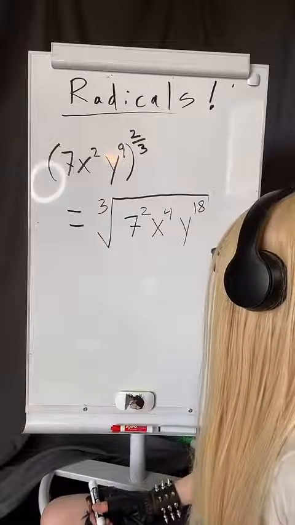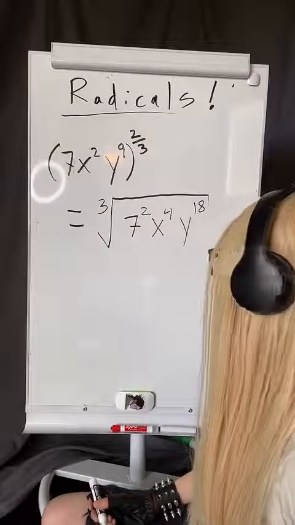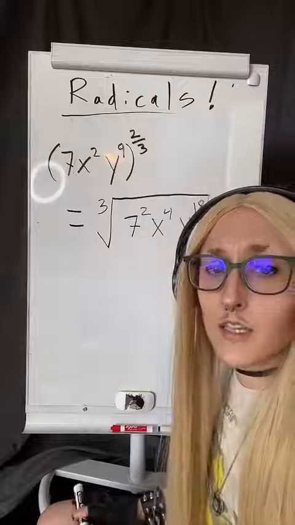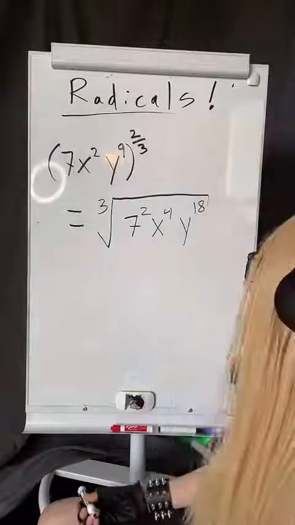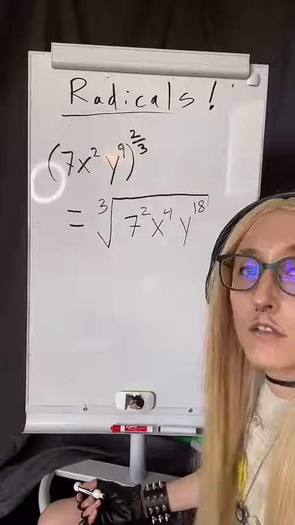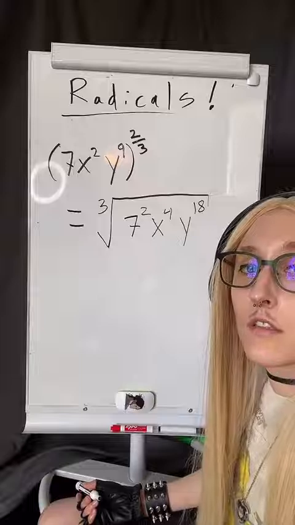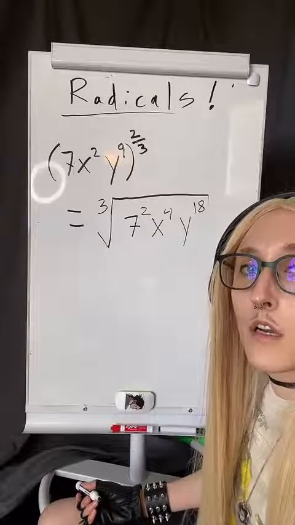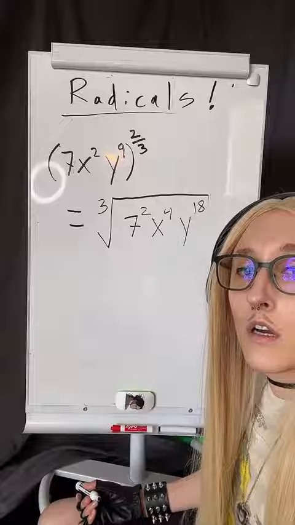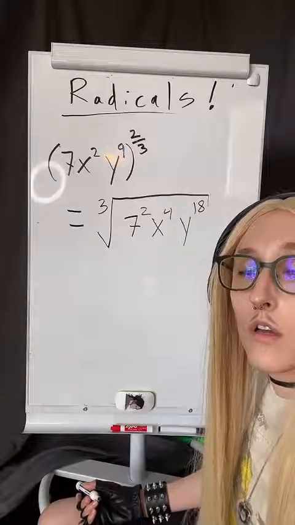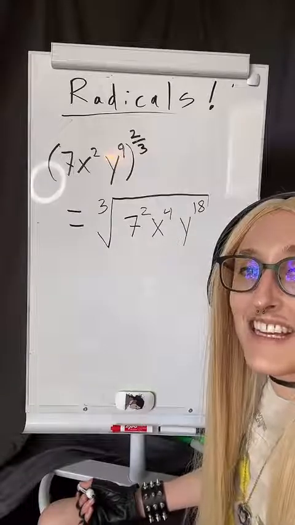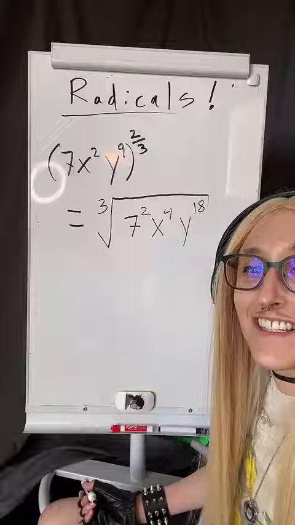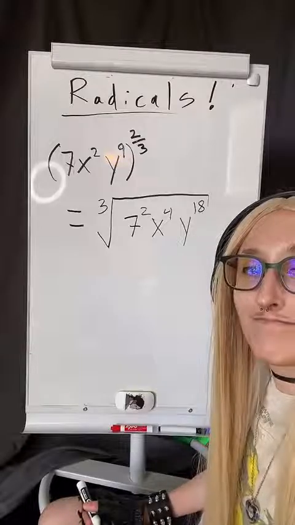Cool. Real question, can I divide 18 by 3? Yeah, I can, can't I? That's 6, right? Or am I tripping? Yes, I can. Cool. Dang it, I didn't want to make it able to reduce. I want you guys to just focus on this for a hot moment.